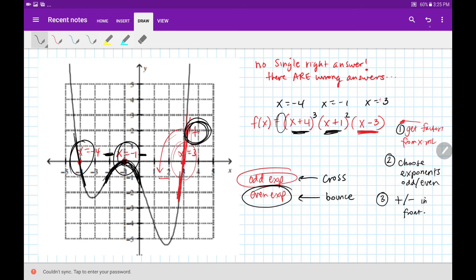Now in this case, we're not below the axis, we're actually above the axis, because my graph is up here on the rightmost endpoint. So that means that there should be a positive out in front. Well, by not putting anything at all, that implies that there is a positive in front, so that means we're good to go. I could even do this.